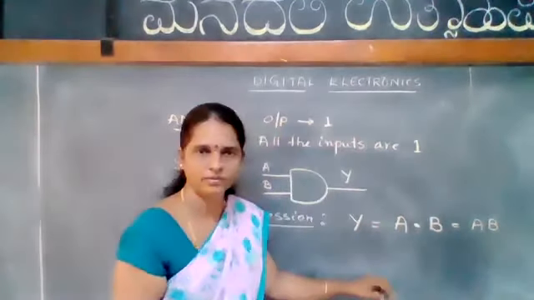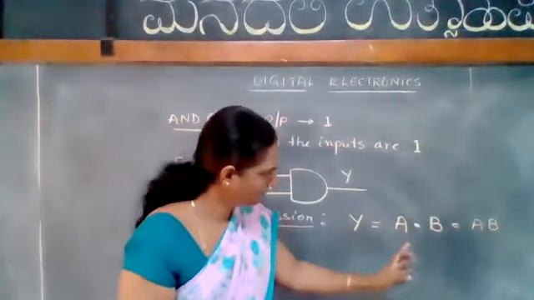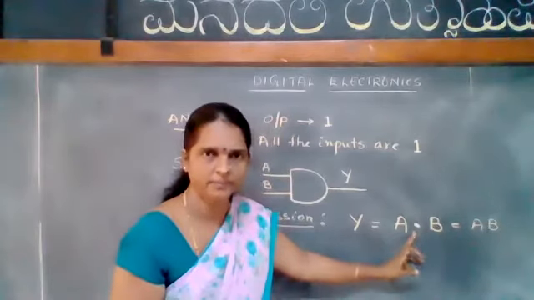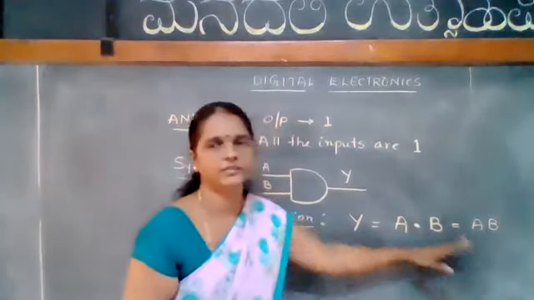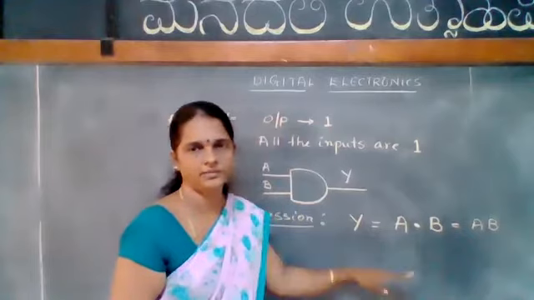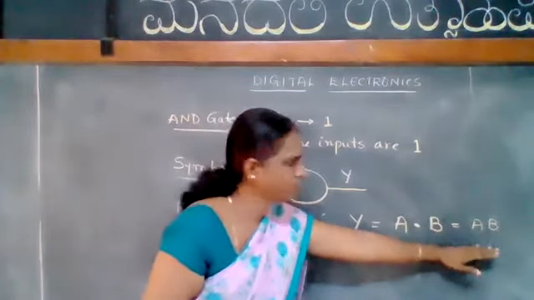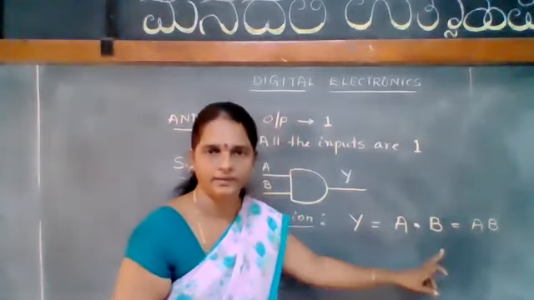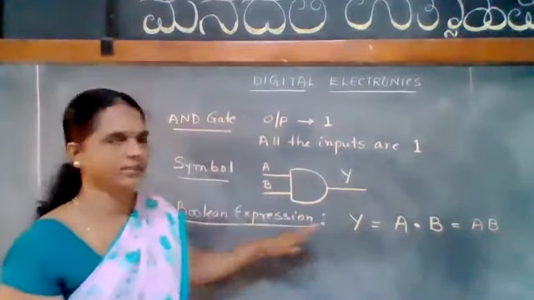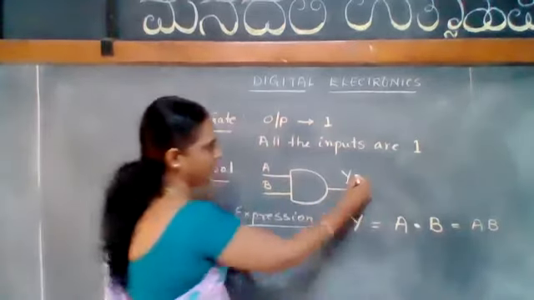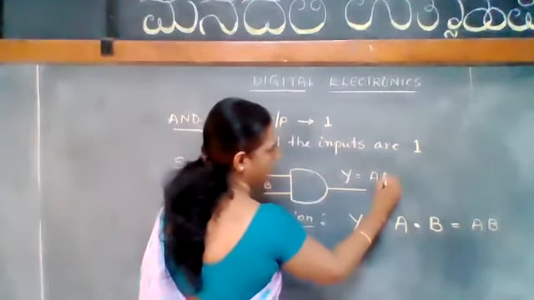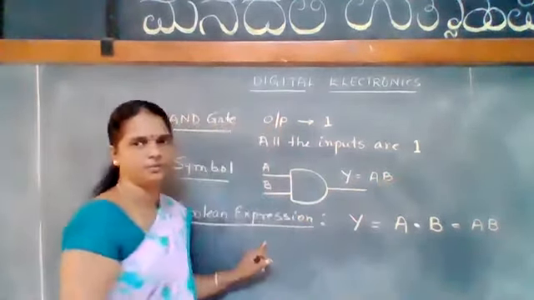No dot is required. Even if you write the dot, it is not a problem. Without the dot also, it indicates the same AND function. This is the Boolean expression for AND gate. So Y is equal to AB is the output.